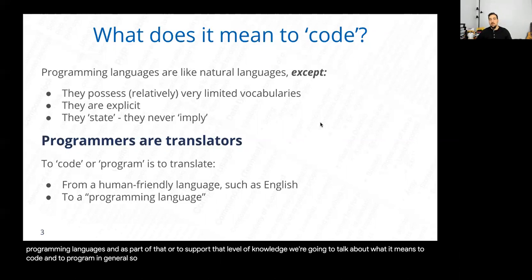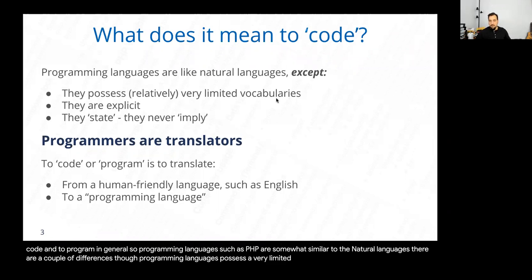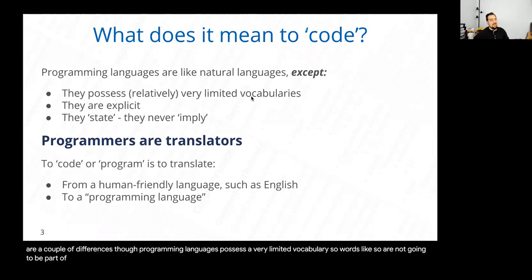So programming languages, such as PHP, are somewhat similar to natural languages. There are a couple of differences, though. Programming languages possess a very limited vocabulary, so words like "so" are not going to be part of your programming language.